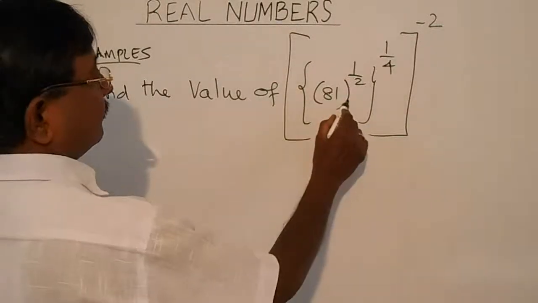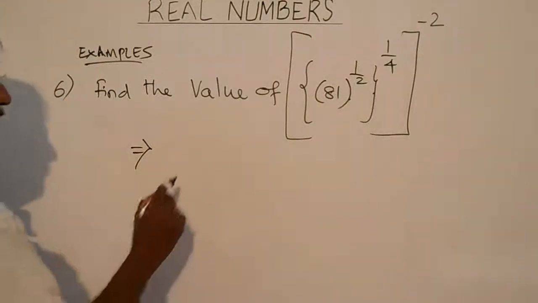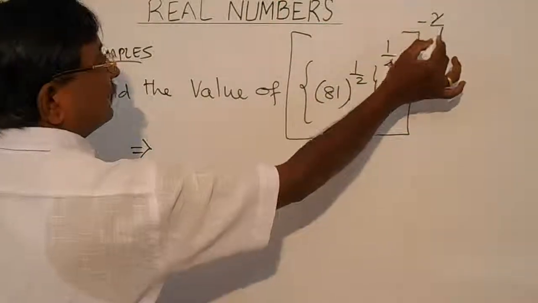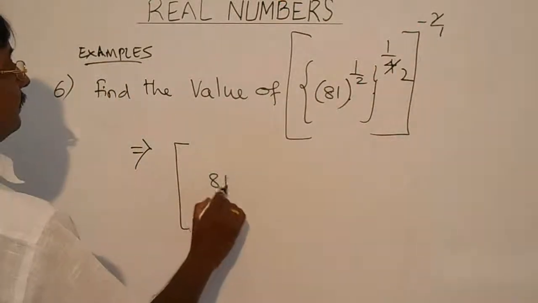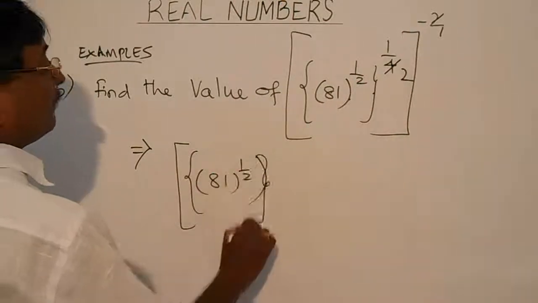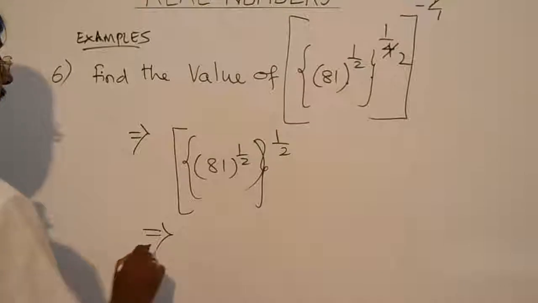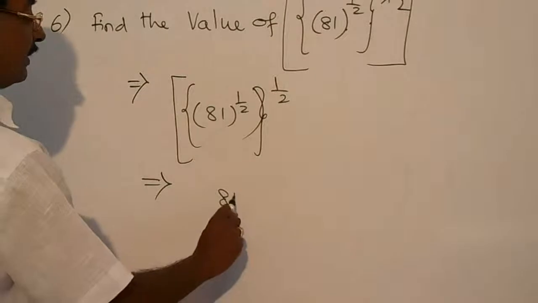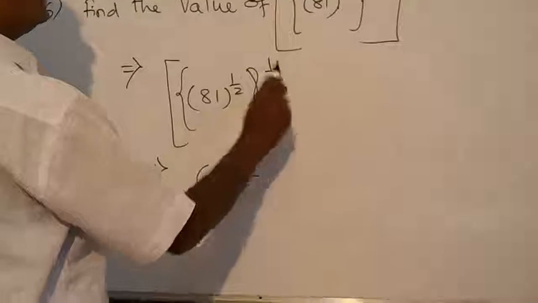Since the power is 2, the 2s cancel, and we get 81 to the power of 2 to the power of 1/2. Since these are carrying positive signs, the next step is 81 to the power of 1 divided by 4. So 2 2s are 4.